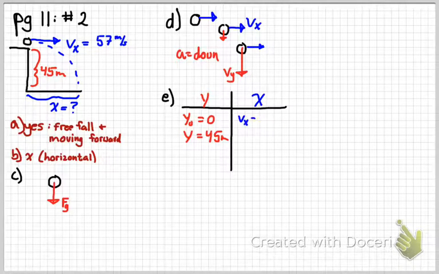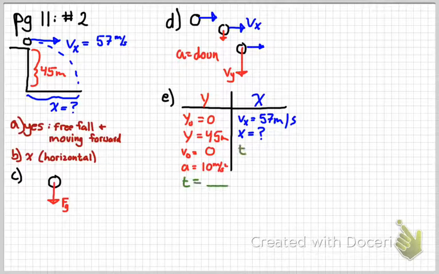On the x side, we know the velocity is 57 meters per second. And we also know that x is our question mark. The other things that we need to remember are the initial y velocity and the y acceleration, and we also need to remember that the two things are tied together by time.